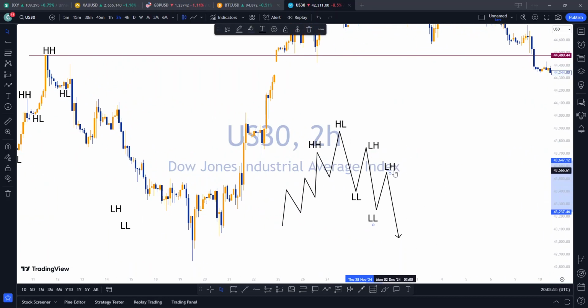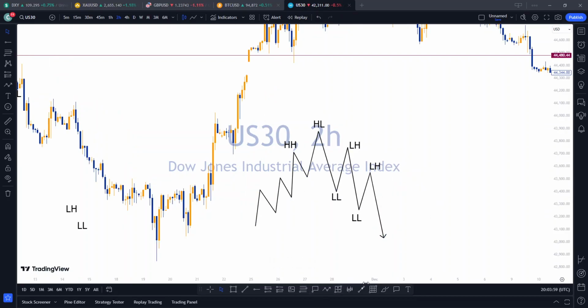Then now a lower high, a lower low. How do we know? We can see now that the market broke this previous higher low. Oh, sorry. This right here is supposed to be here.